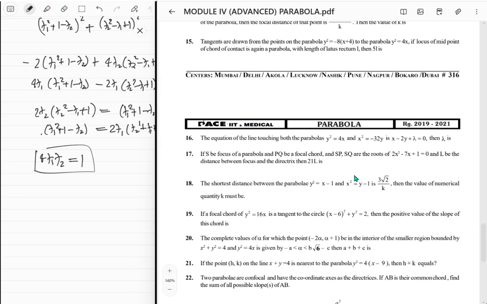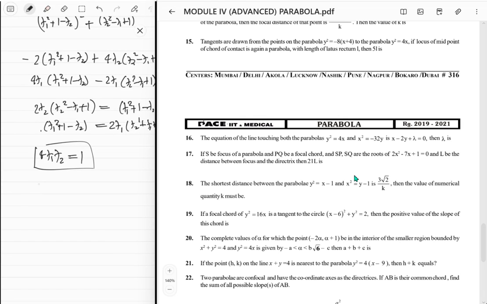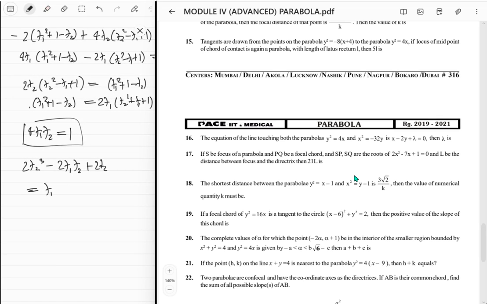What else can you do? You just need to figure out what this thing is. You have to solve one of these equations. So 2t2 cube minus 2t1t2 plus 2t2 is equal to t1 square plus 1 minus t2, right?